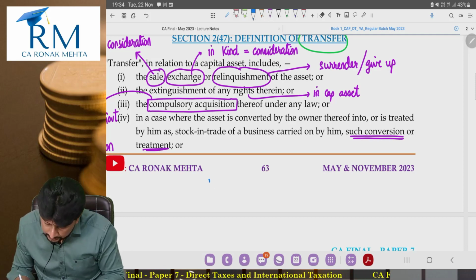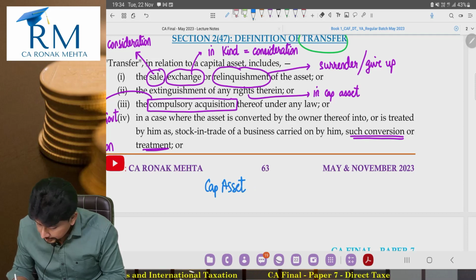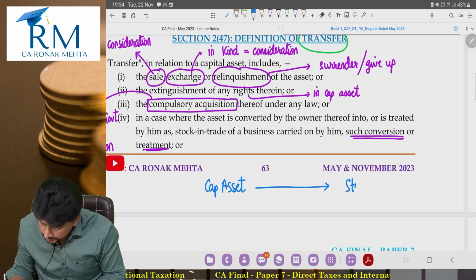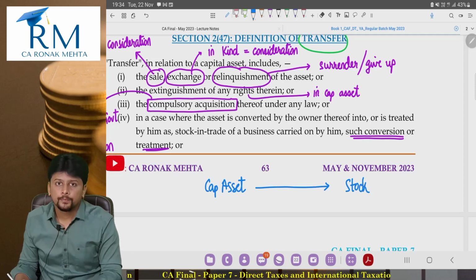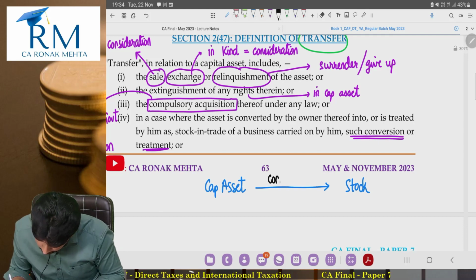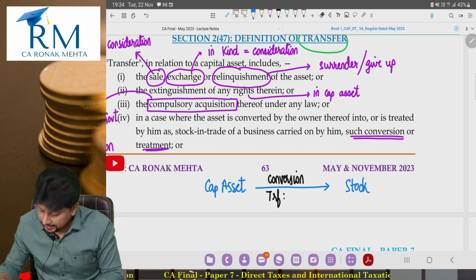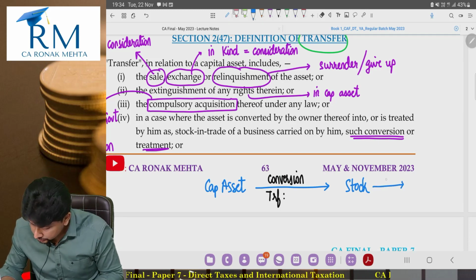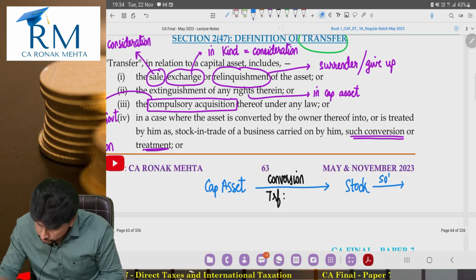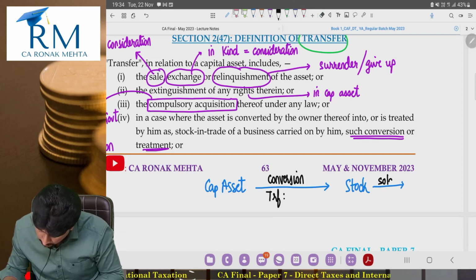You might remember this from your CA Inter, that when a capital asset is converted into stock in trade, this event of conversion is considered as a transfer, and then when eventually this stock in trade will be sold, so you will get your cash inflow.